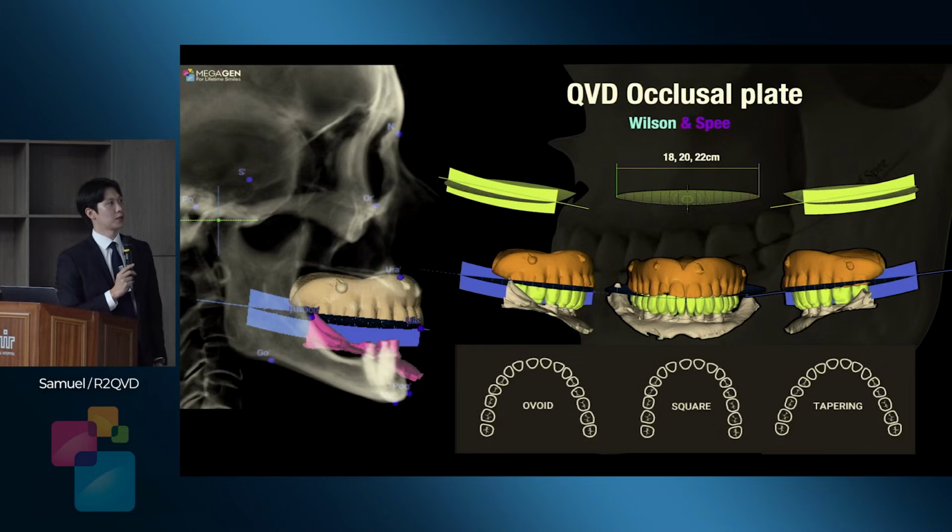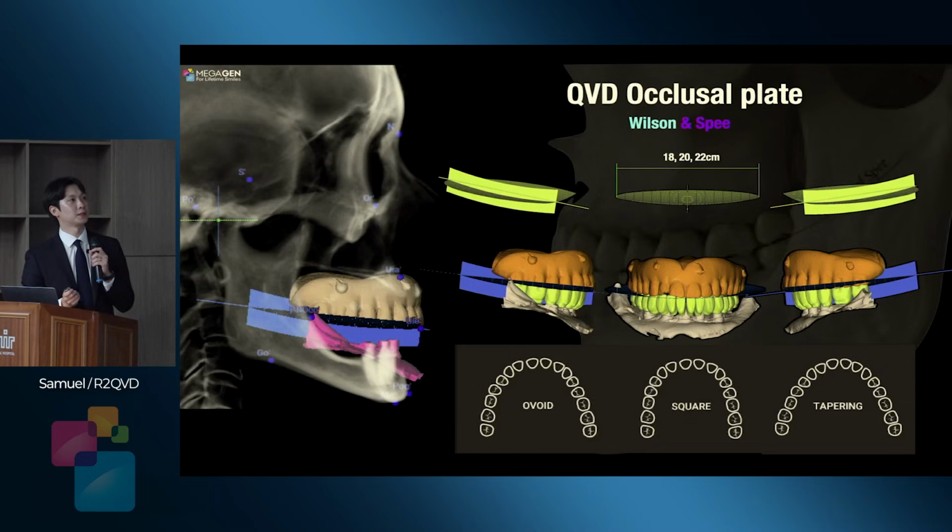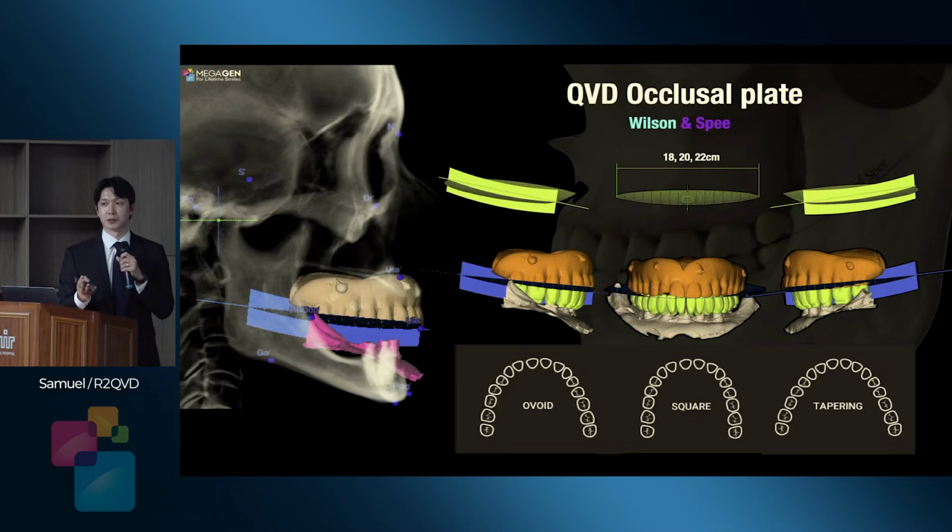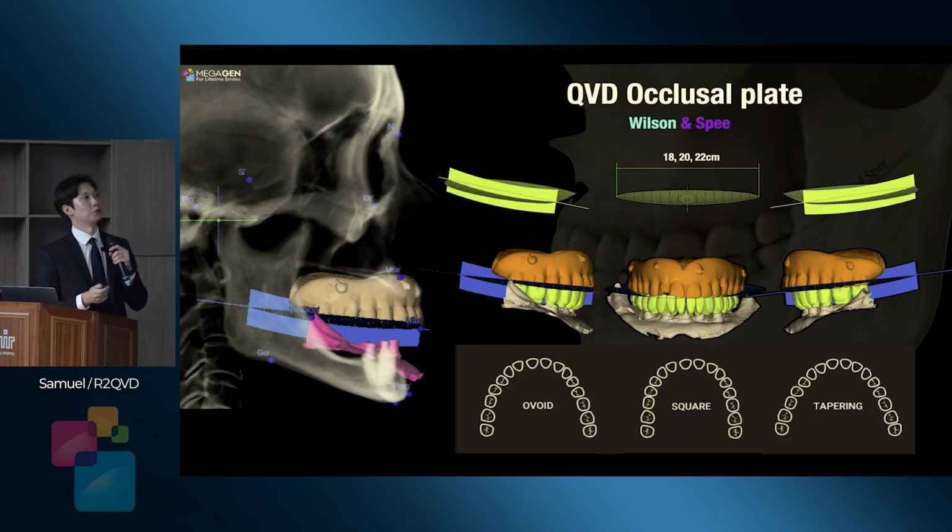Then we can set up the occlusal plate. The shape is like this. It is not flat, it is like this shape, so it includes the curve of Spee and curve of Wilson. Based on this, when you choose the tooth shape, such as square or tapering, it automatically attaches to this occlusal plane.